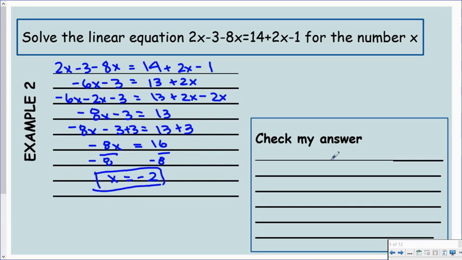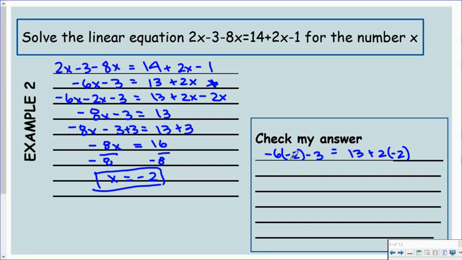And of course, I want to check my answer. I'm going to substitute this negative 2 in for wherever I see x. But since I was able to condense these terms down to two terms on the left and right, I'm going to use this one right here, where I combined like terms. So I have negative 6 times negative 2 minus 3 equals 13 plus 2 times negative 2.